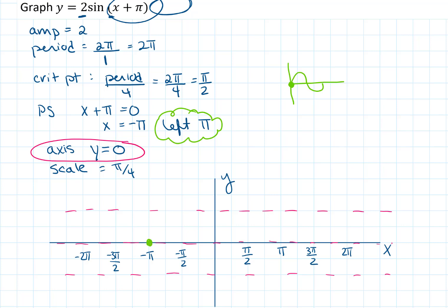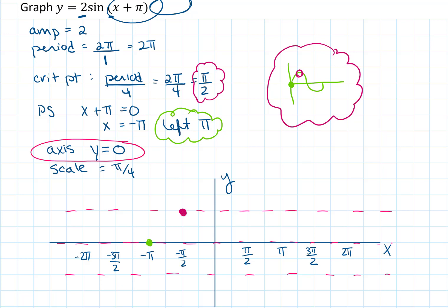So it's still on the midline, but instead of being at 0, 0, it is now moved to the left by pi. The next point, or critical value, is a maximum. So I'm referring to my little diagram up here of the parent function of sine. So my next point is going to be a maximum, and it is a distance of pi over 2 from the starting point.